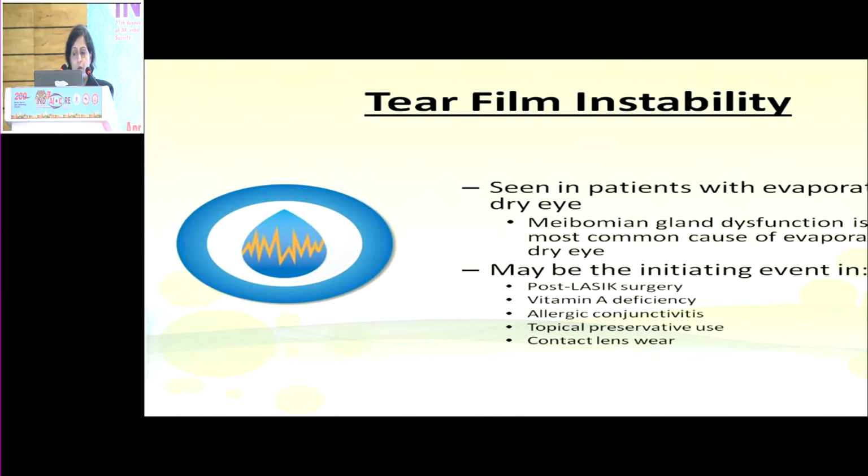And it can also be the initiating event in post-LASIK surgery, vitamin A deficiency, allergic conjunctivitis, topical preservative use, and contact lens wear. The last two I would like to highlight, because we may be prescribing contact lenses for patients. We may be using drugs, as I attended the previous session on uveitis, and they were talking about putting the steroids every minute for 5 minutes, and then every 15 minutes for 2 hours, and then every hour for 3 days.